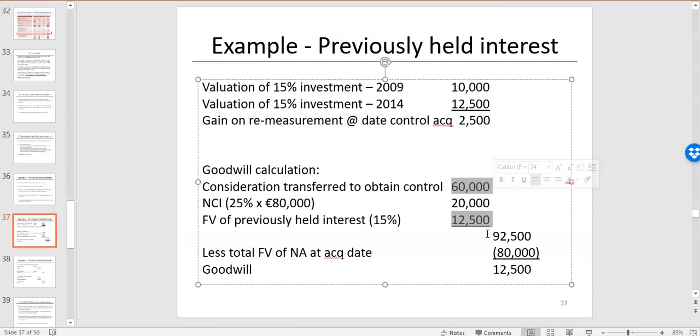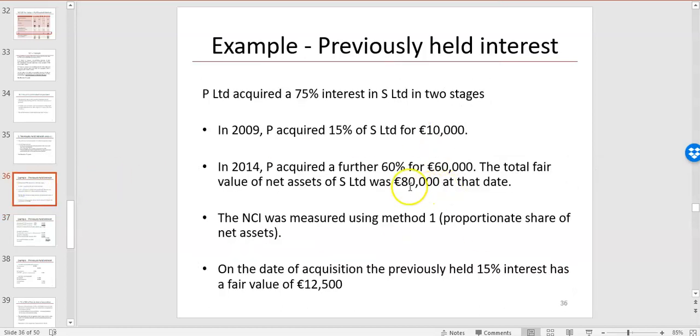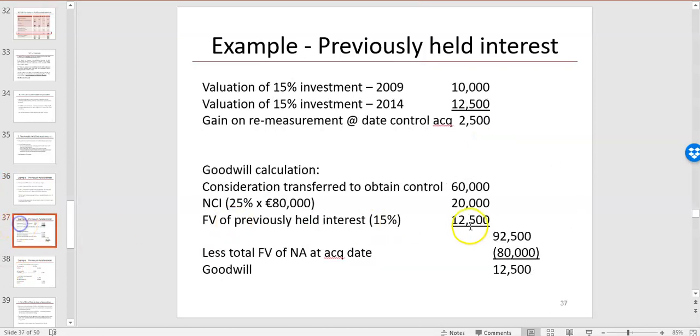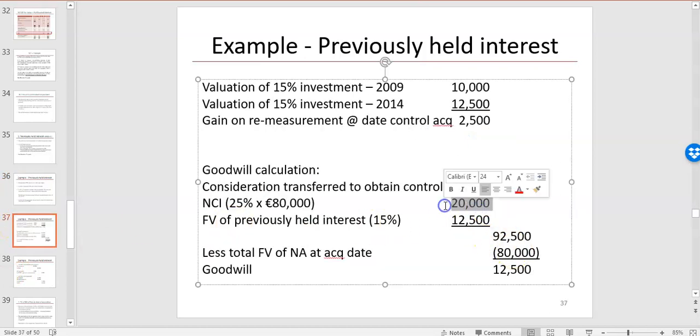The NCI is measured at its share of net assets. You're told in the question, net assets are 80,000. So if we now own 75%, that means the NCI is going to be a quarter, 25%, of net assets, a quarter of 80,000, so it's initially going to be valued at 20,000. And that's how you calculate your goodwill.